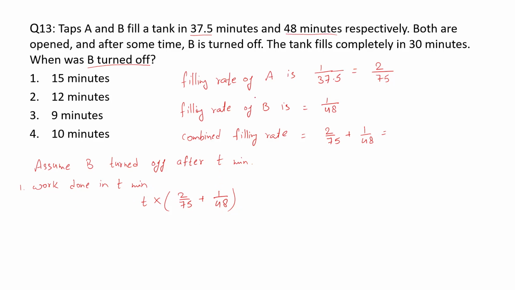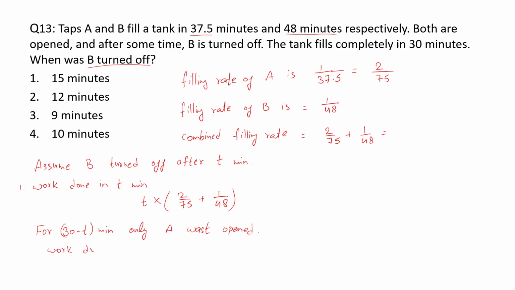Now the tank fills completely in 30 minutes. So what does it mean? It means for 30 minus T minutes, only tap A was opened, right? You're getting my point. For 30 minus T minutes, only A was opened, isn't it?